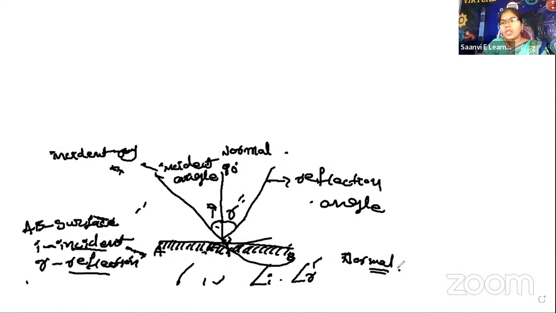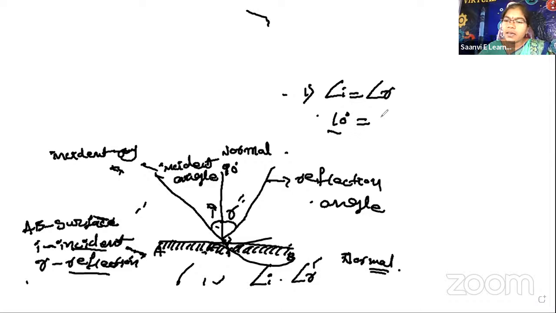Now coming to our laws of reflection. The laws of reflection are two. The first one is angle I equals angle R. If you take an incident angle of, for example, 10 degrees, the reflection angle will also be the same 10 degrees.